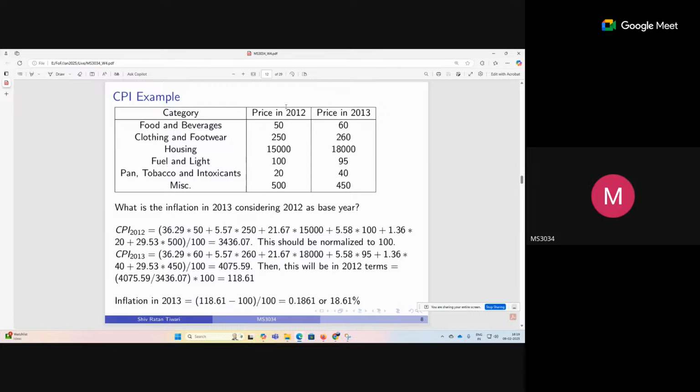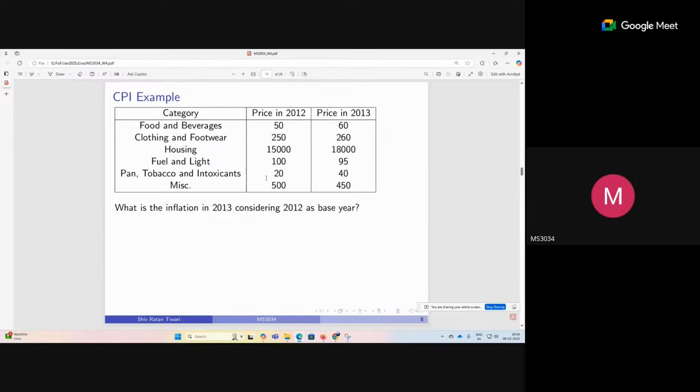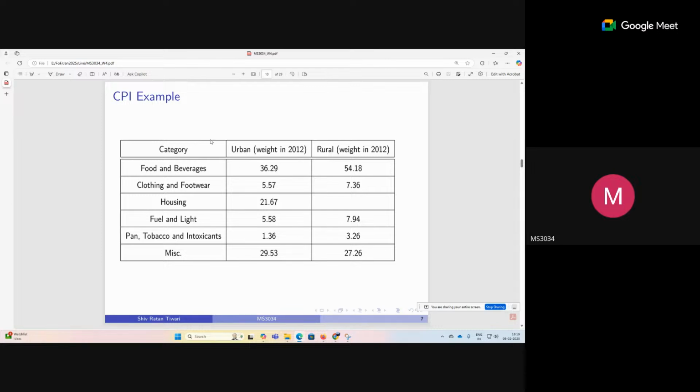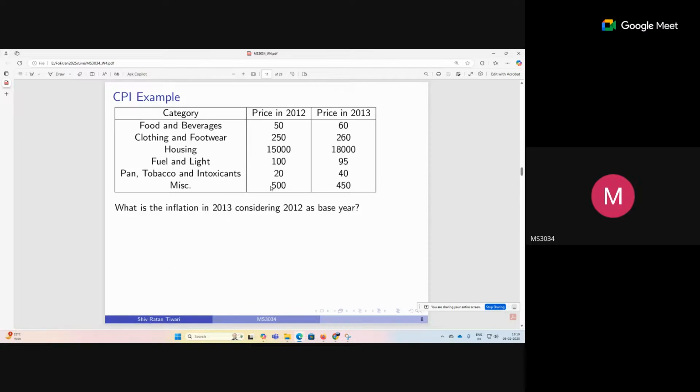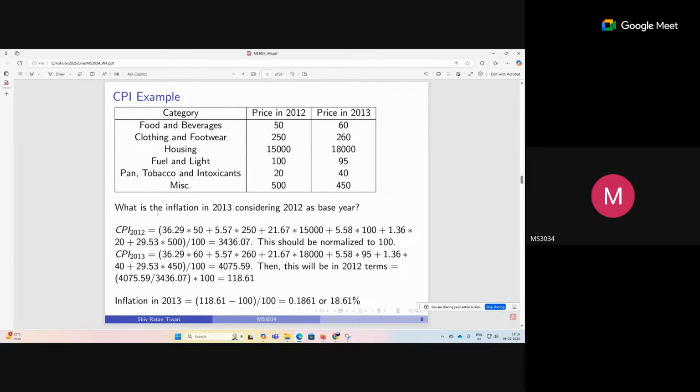I have calculated for the urban population, so I have taken the weights for the urban population, and I leave the calculation for the rural population up to you. So if I calculate the CPI for 2012 in the urban case, the total average value is 3436.07. But as I said, this is the base year, so this should be normalized to 100.